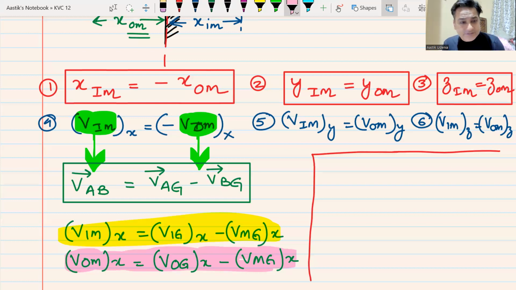So what is the final result that we are going to get from all of this? This yellow one is the negative of this pink one. From there you will get the result. Can I have that result? Only a minute you have to show me your talents, else I will show mine.